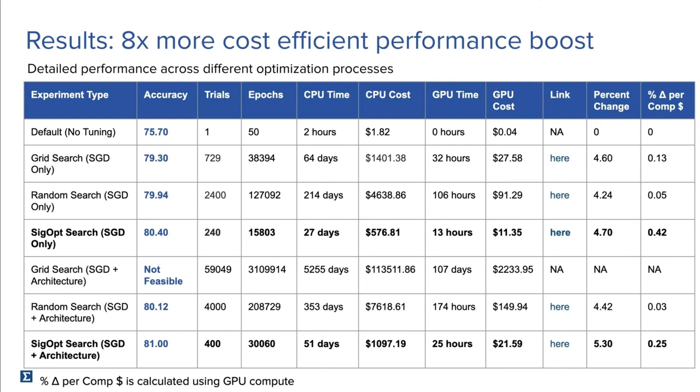What this means at the end of the day is you can take a job that would be extremely expensive or extremely time consuming and knock that down into a much more tractable set of time. So several days to 1 day, lots of money to less money, and ultimately getting to a higher percentage gain in terms of the metrics that you're optimizing for, with less computational money.